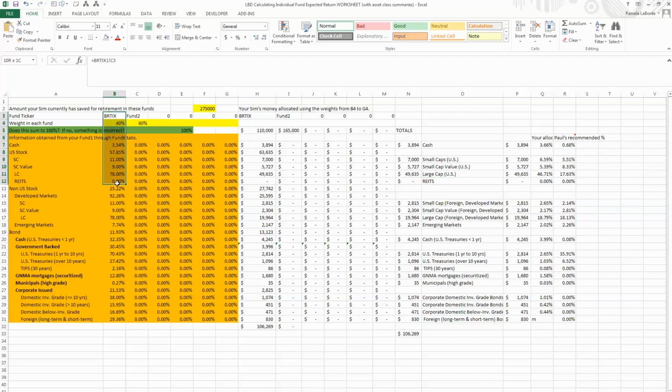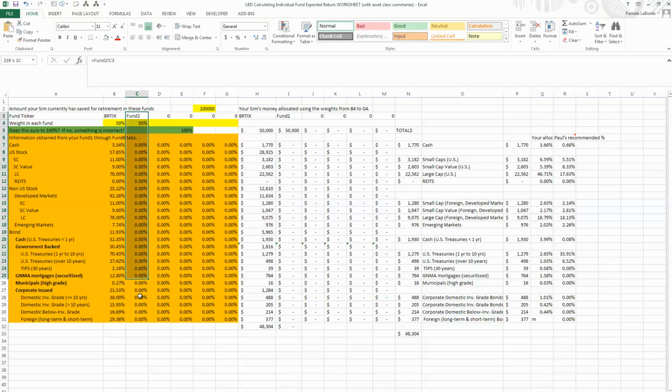it's taking the data that you have inputted in your particular tabs for your funds, and it's popping it into here. And so let's say your sim has, I don't know, $100,000, and exactly half of it is in the BRTIX fund, and the other half is in Fund 2.